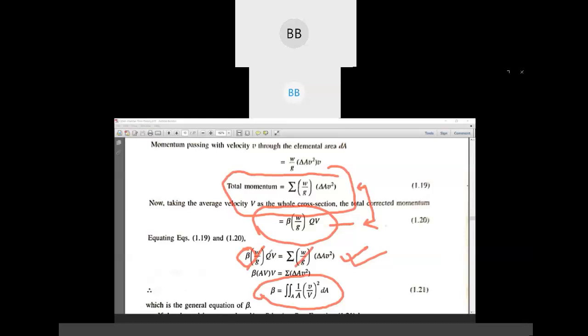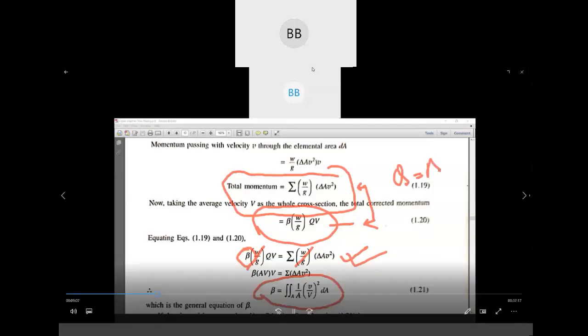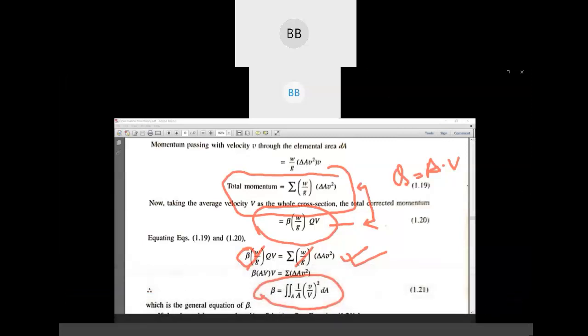In place of discharge, they have written area into velocity, as we all know discharge is equal to area into velocity. So beta multiplied by area into velocity, then we have velocity here. So this is summation del A v square. Then you find out beta, and in place of summation, we replace the summation by integration.